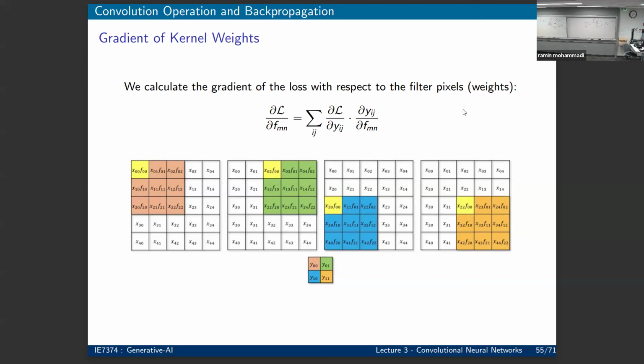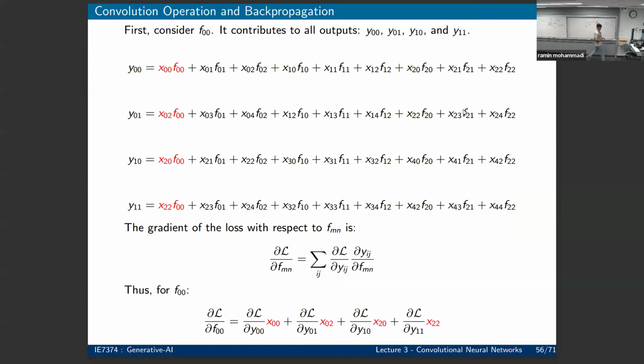You have the activation output and the gradient up to the activation output, and you want to backpropagate toward the weight. To calculate the gradient with respect to F00, you have these 4 output pixels, and F00 is in each one of those. The gradient becomes the gradient of loss with respect to the first output times x00, plus the gradient of loss with respect to the next one times x02, and so on. That becomes the gradient of loss with respect to one weight value of a given kernel.